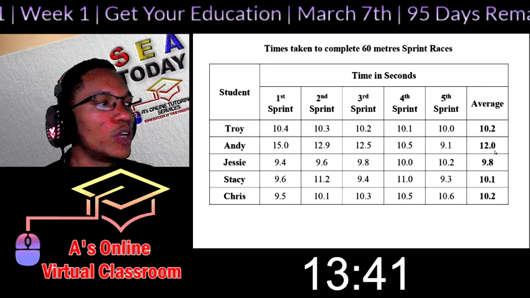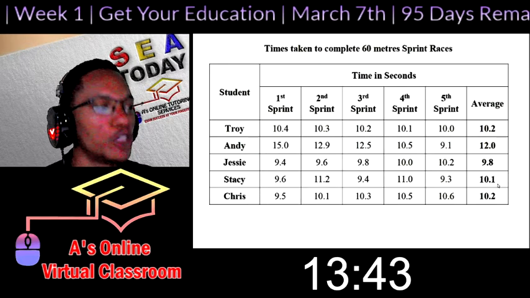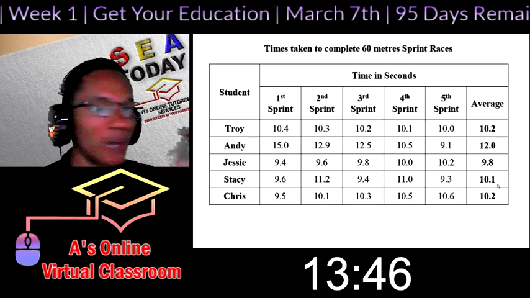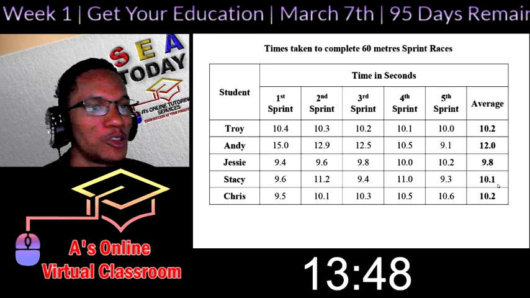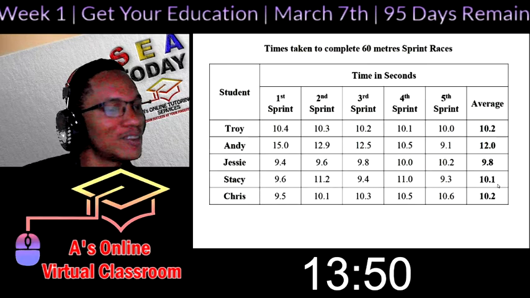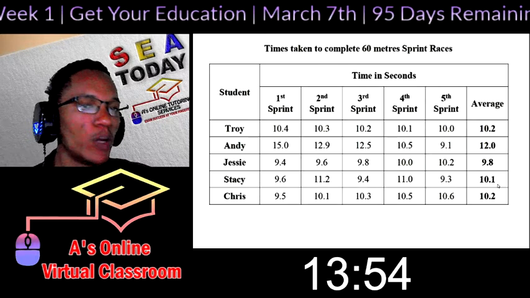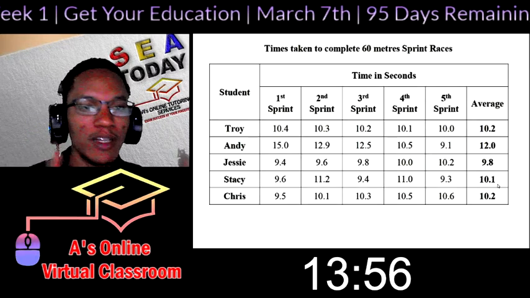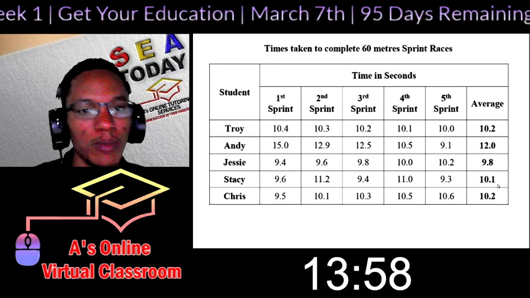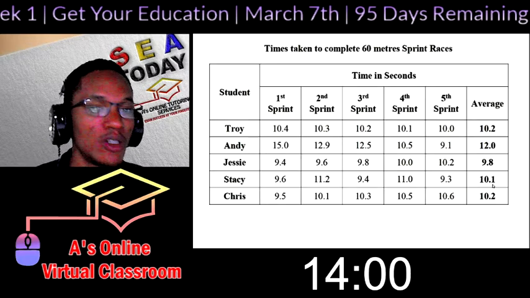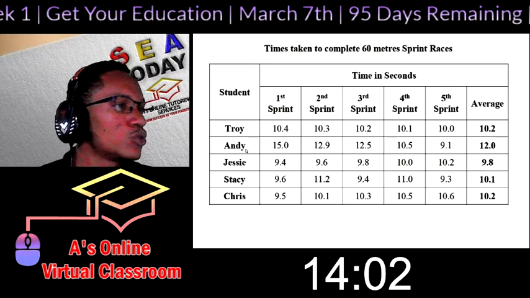The last column on the end here gives us the average. Now with maths, this is not average as in meaning kind of okay or kind of good. Average meaning where you take the total and you divide it by the amount you added up. That's average.